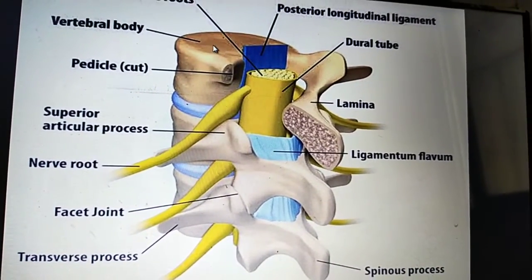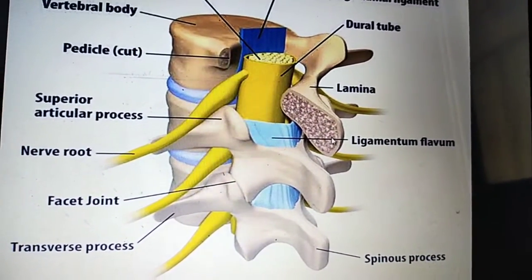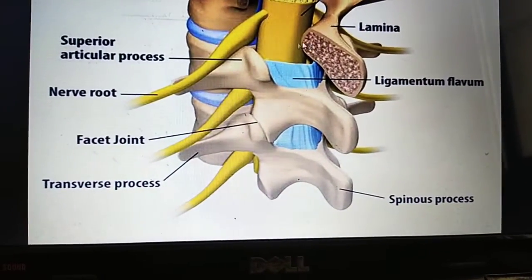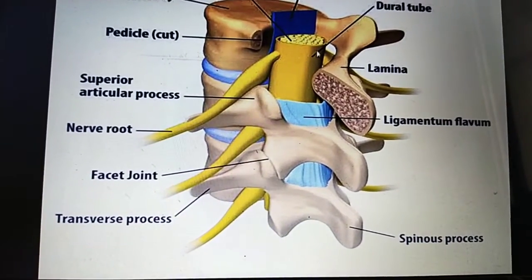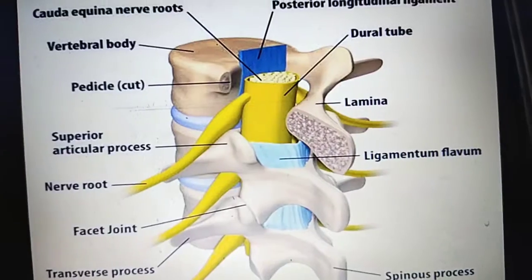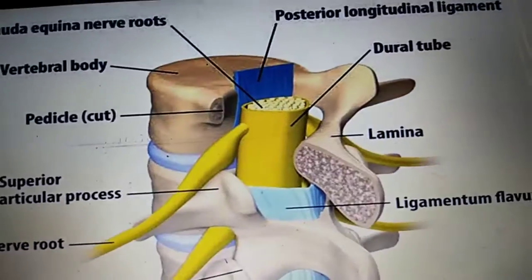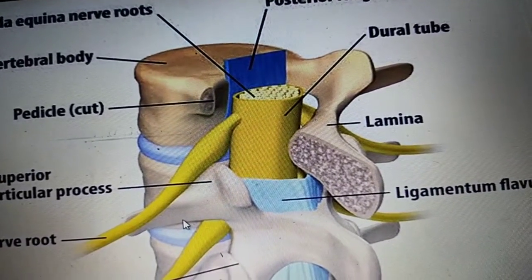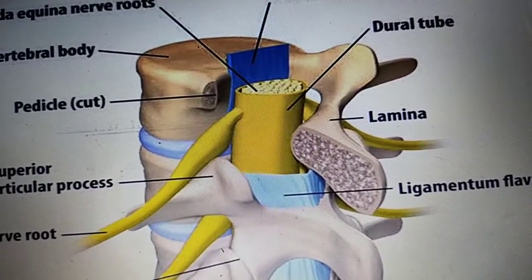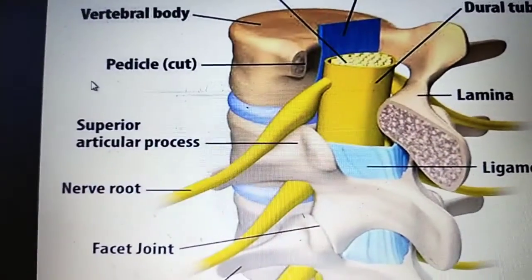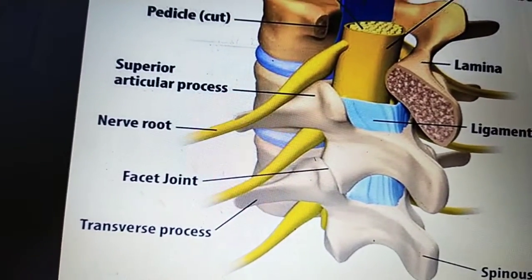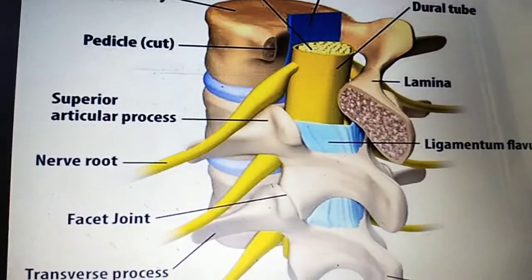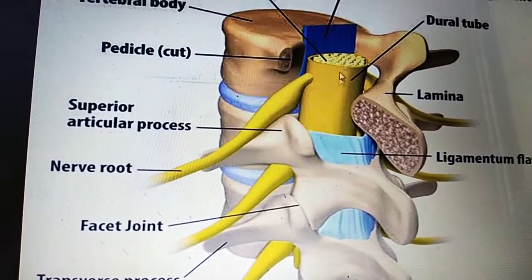This is the body, and these are the processes of the vertebra. And you can see one foramen here, that is called the vertebral foramen. In a typical vertebra, the vertebral foramen is an opening formed by the anterior segment of the body and the posterior part of the vertebral arch. By that this foramen is formed.